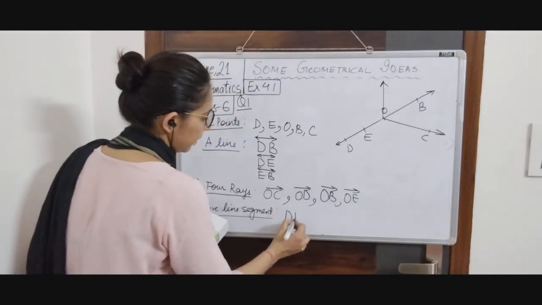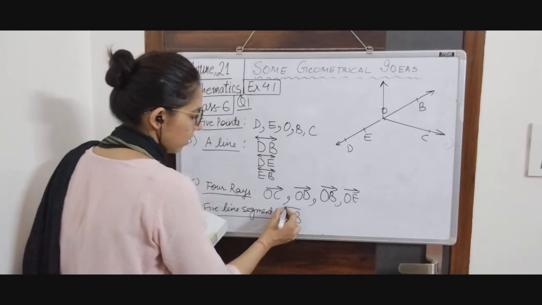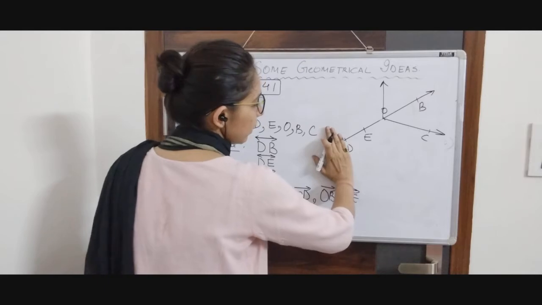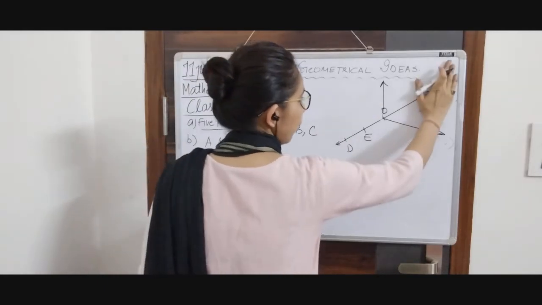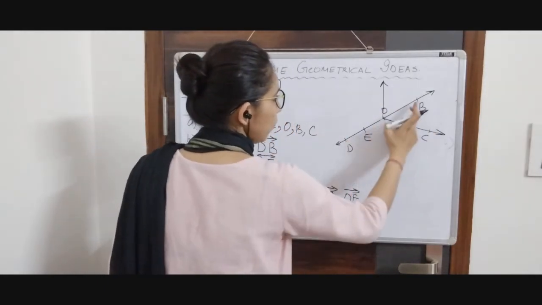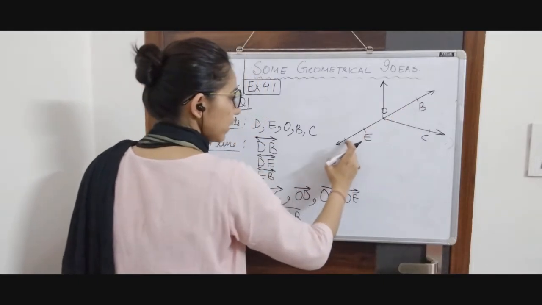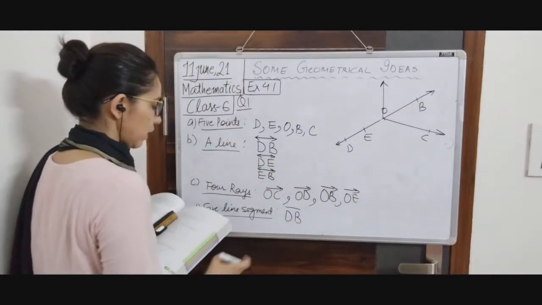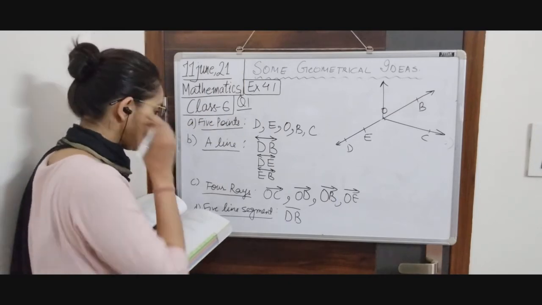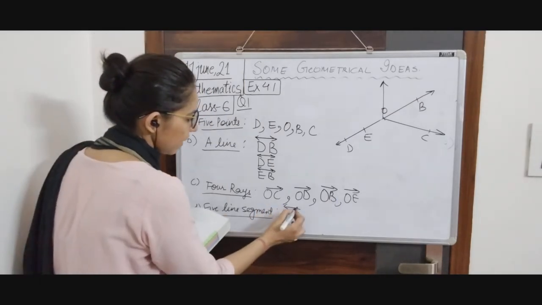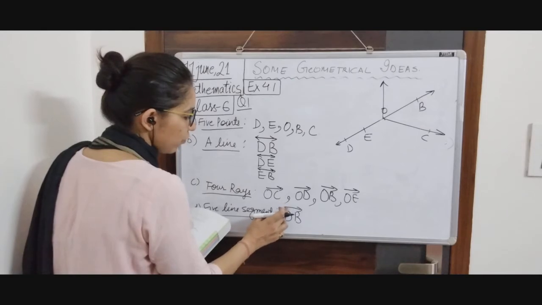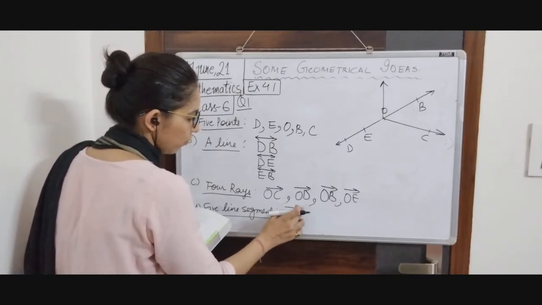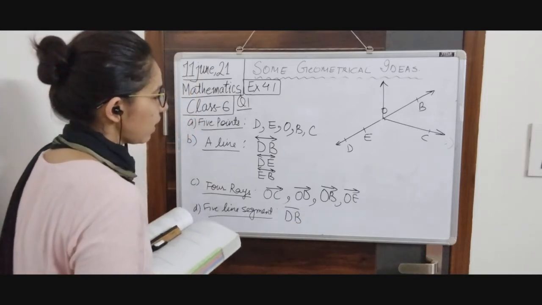But if we write it like this, DB with a bar on top, it means we are not talking beyond D and beyond B. We are only talking about this shortest join of D and B. This is a line segment. If you write it with an arrow, it will be wrong. You have to just put a bar over DB and not put a double-headed arrow.